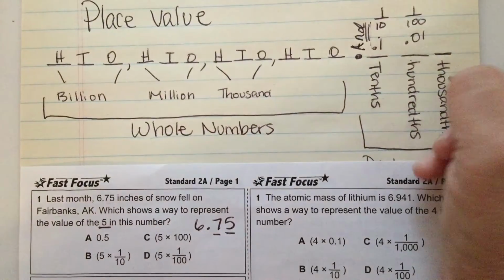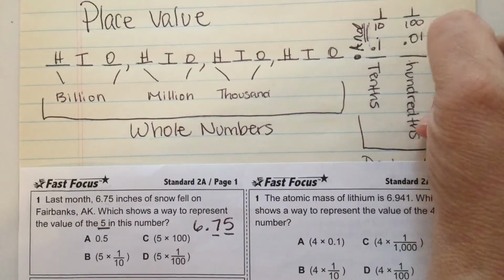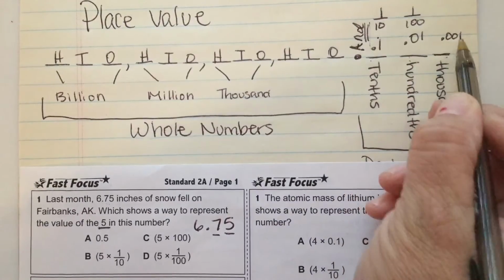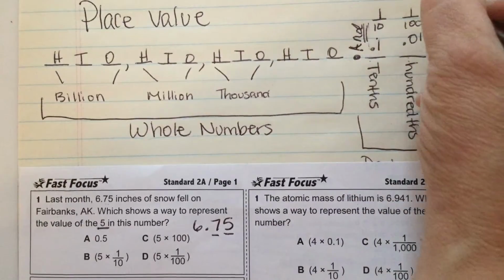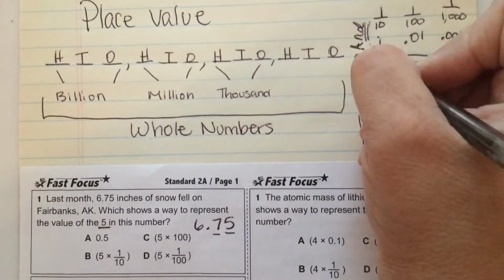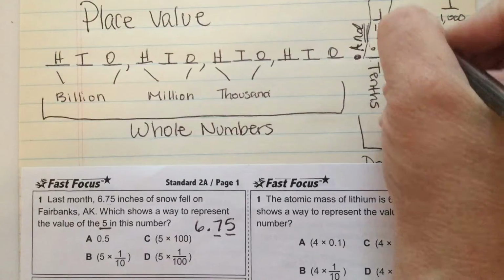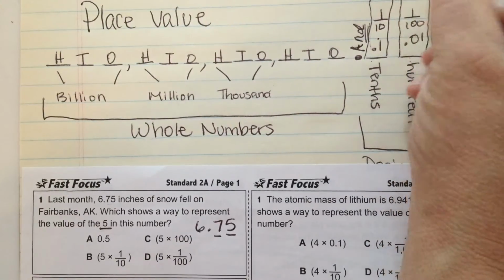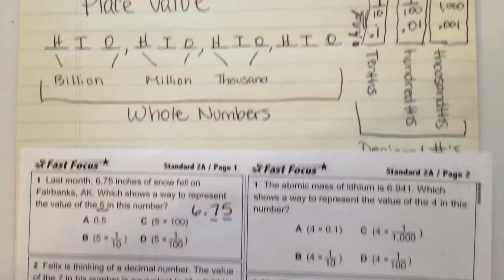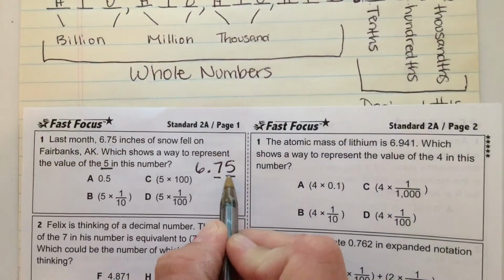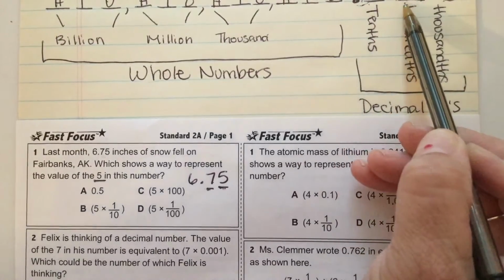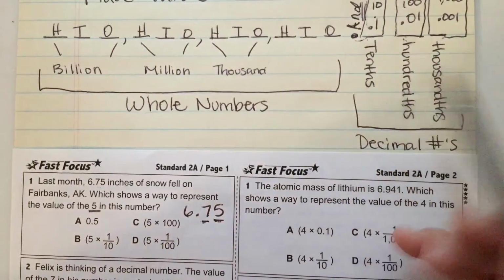Thousandths is 0.001, because the 1 is the third place, or 1 over 1,000. So this is how they are represented: tenths, hundredths, thousandths. So if the 5 is in the second place to the right of the decimal, that is the hundredths place.